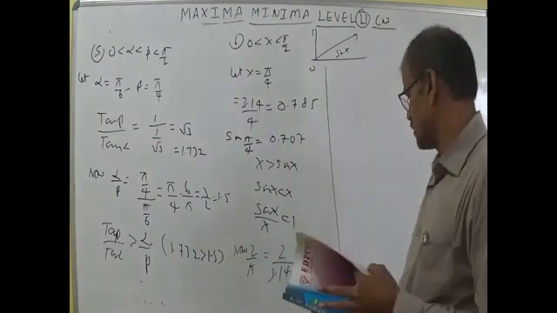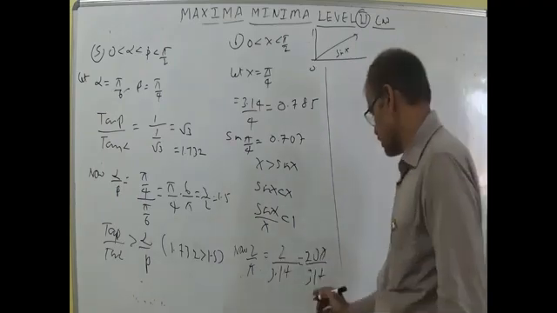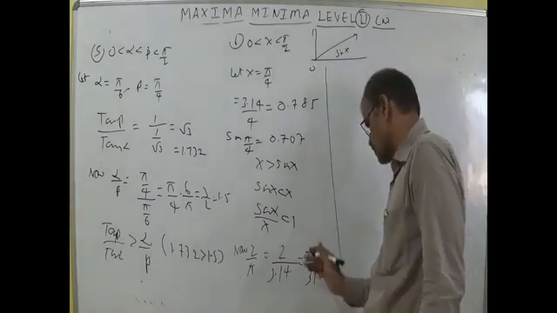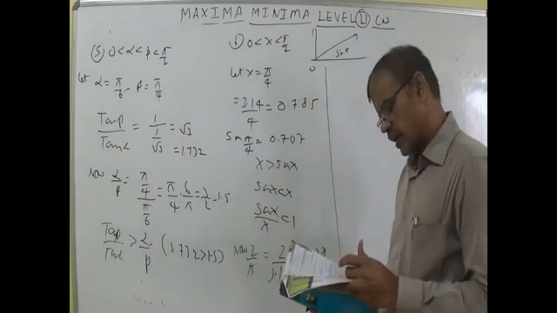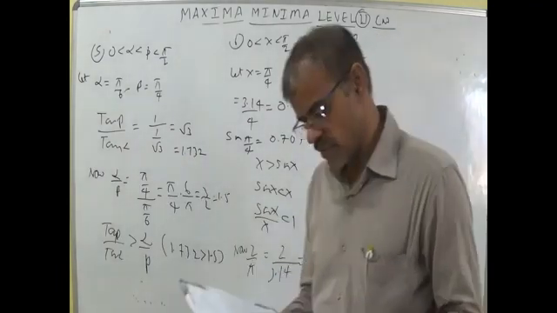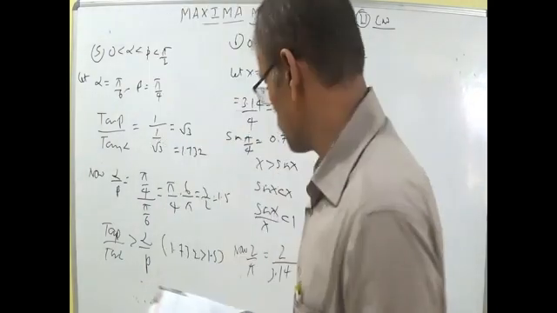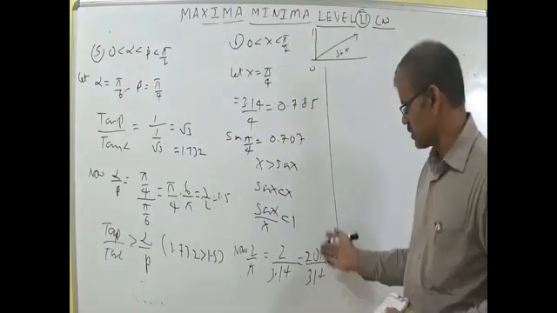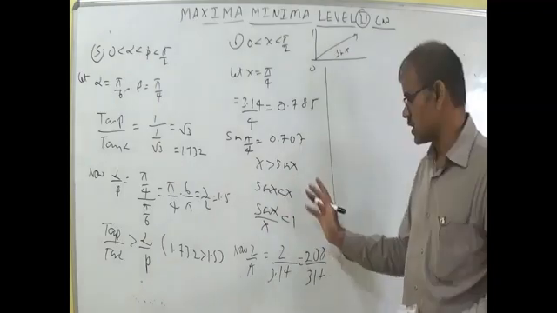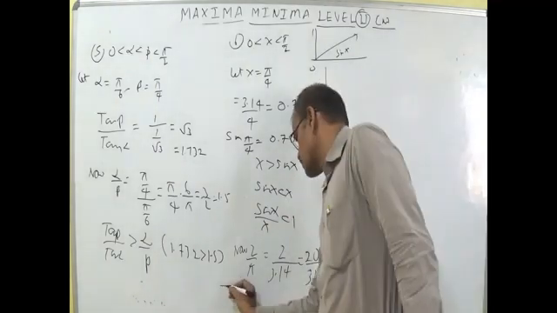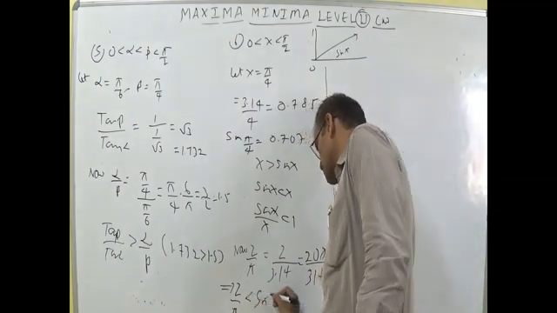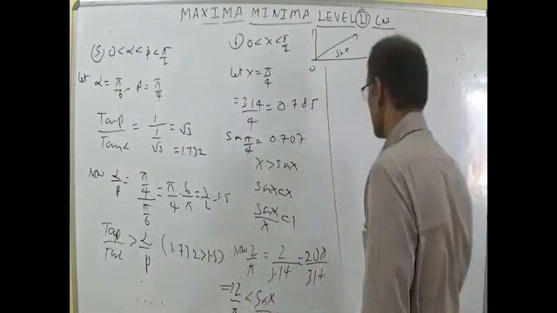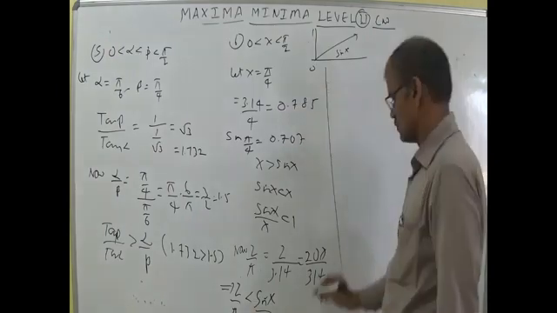The value you may get, whether it is 2 by 3.14 or 200 by 314, is also 0 point something. According to the second option, 2 by pi is also 0 point something. So you can say 2 by pi less than sin x by x. Option 2.